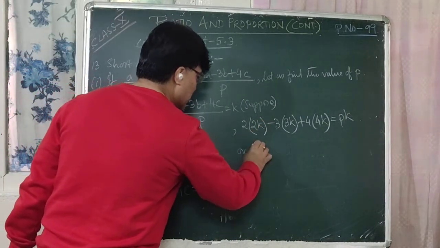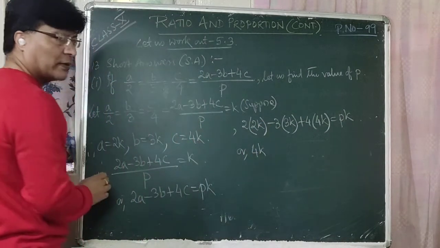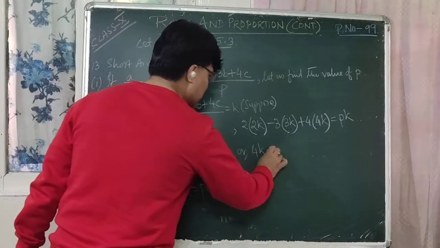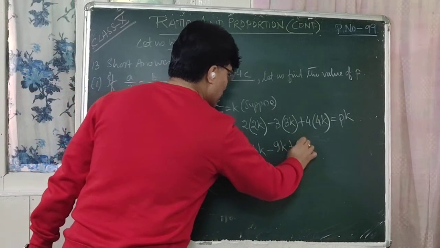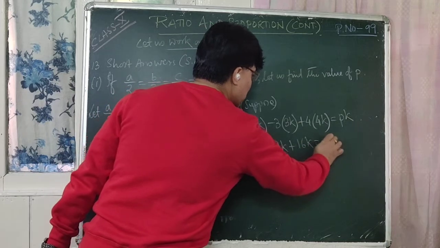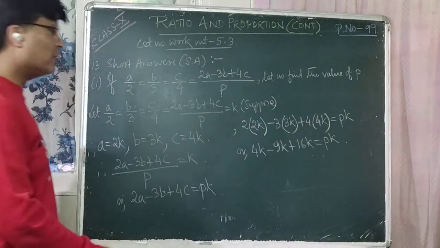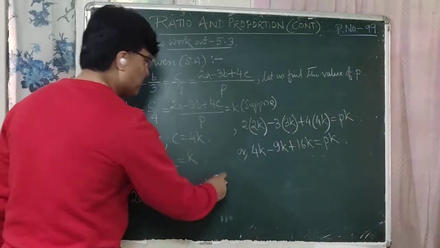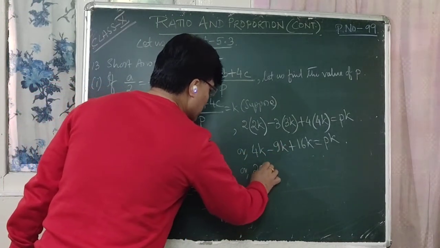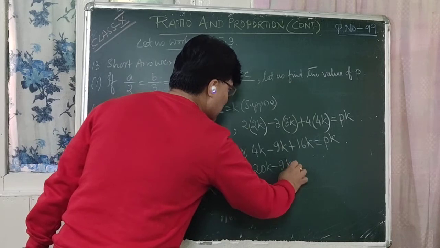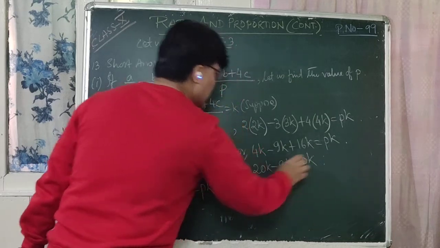What is 2 2s? 4k minus 9k plus 16k is equal to pk. Okay? So you can simplify it. 4k plus 16k, same sign you can add them, 20k minus 9k is equal to pk.